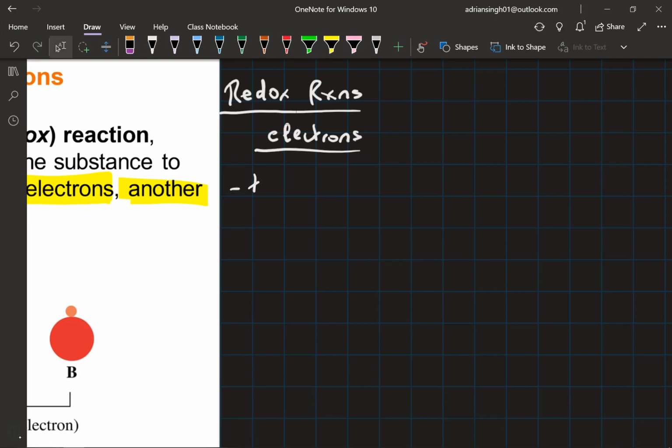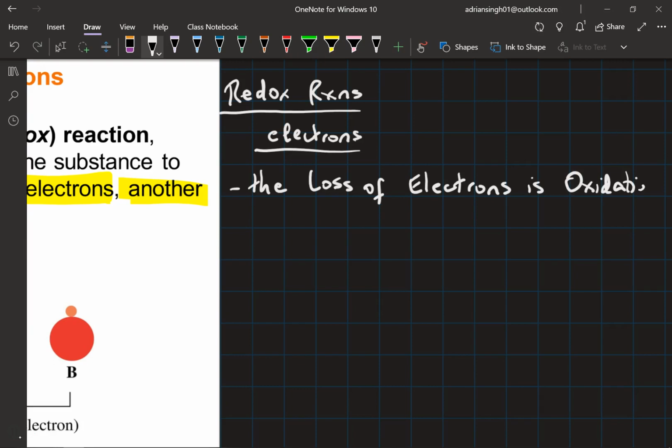So we can say the loss of electrons is oxidation. If something is losing electrons, we're saying that it is being oxidized. And alternatively, the gain of electrons is just the opposite, which would be reduction.